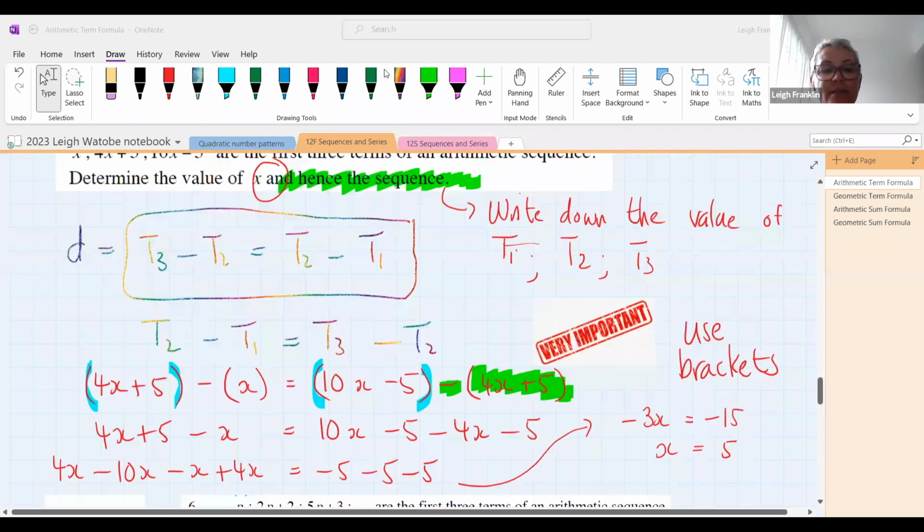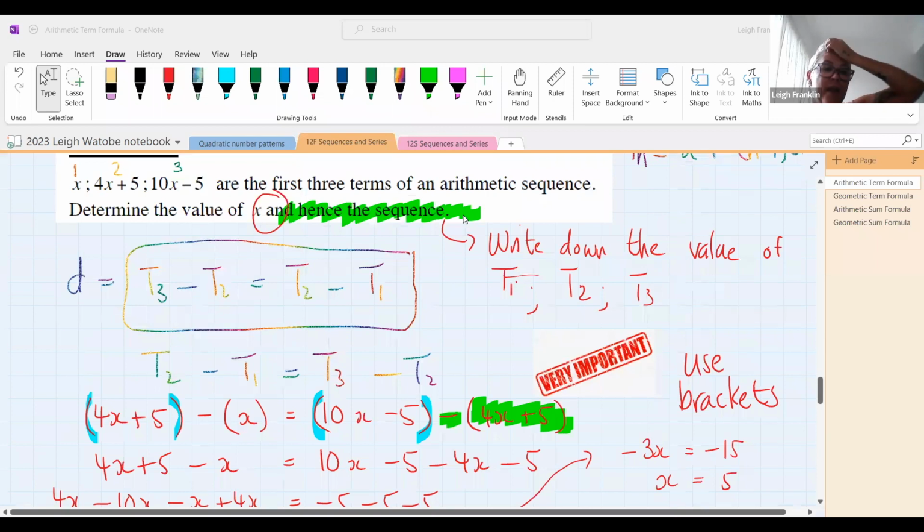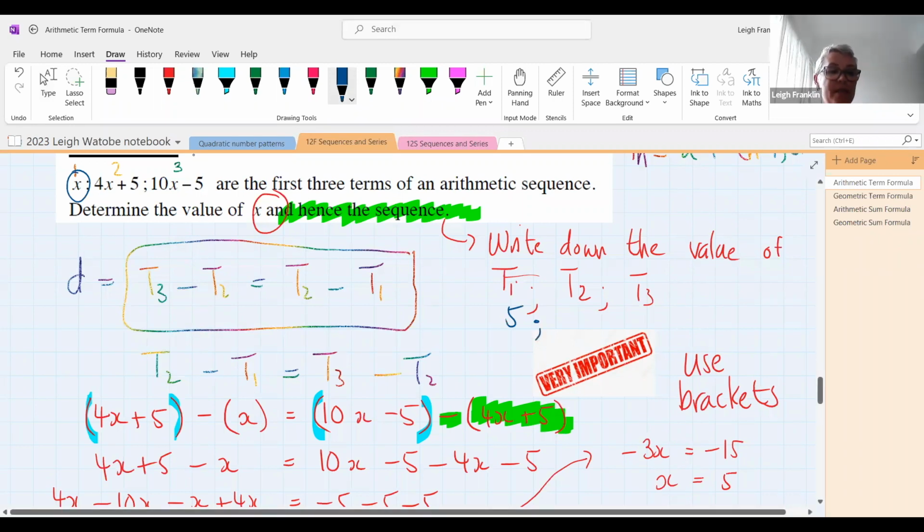Very nice. And hence the sequence. So now what they want us to do is go back and substitute in the value of x and work out what the first 3 terms in the pattern are. So term number 1, let's just change colors. That was x. So that means it has to be 5. The second term in the pattern is 4 times 5 plus 5. So 4 times 5 plus 5.